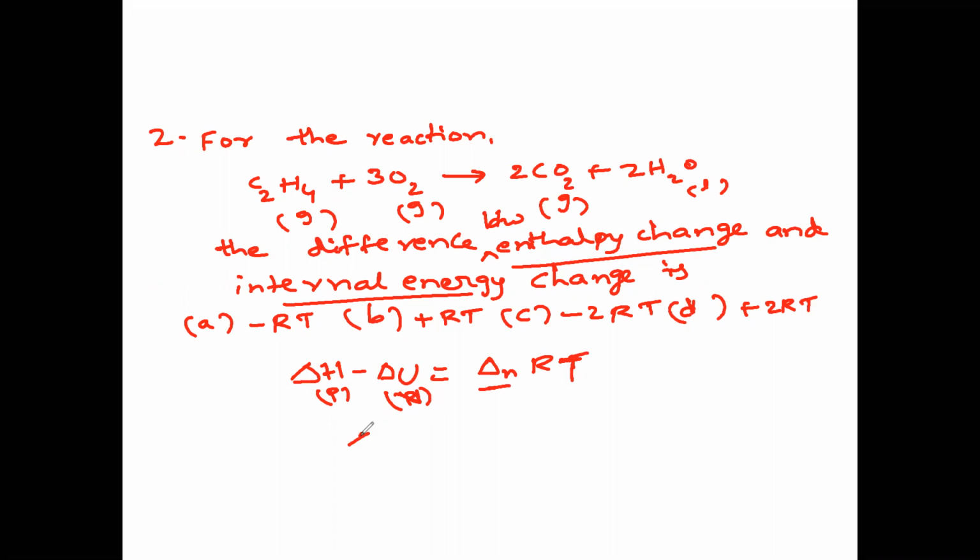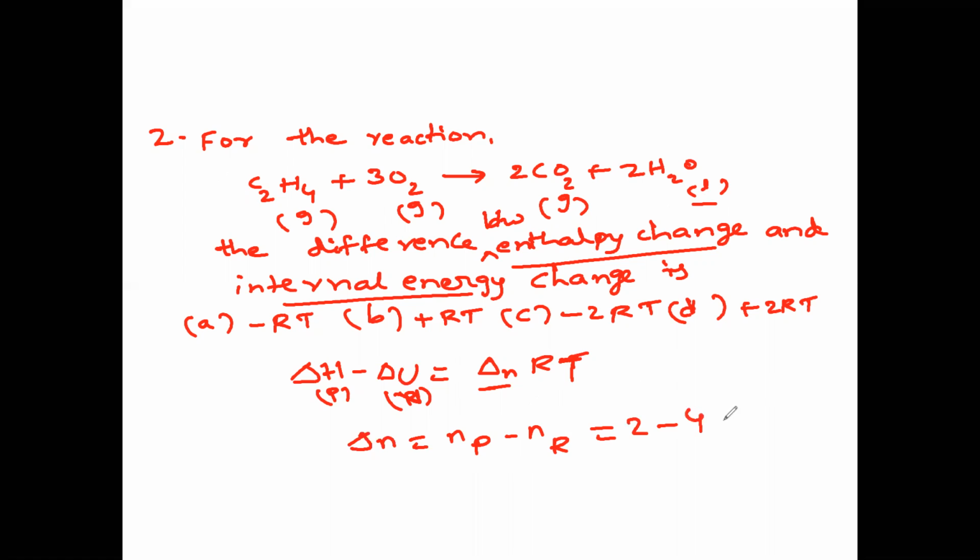So next, how to calculate delta n? We already know, it is the number of moles of products minus the number of moles of reactants. In products we have only carbon dioxide as gas, because liquids are not applicable, we only consider gases. So 2 minus, reactants 3 plus 1, which is 4.